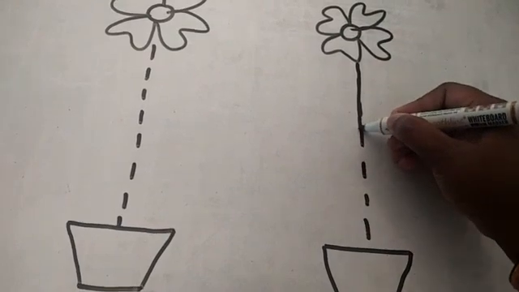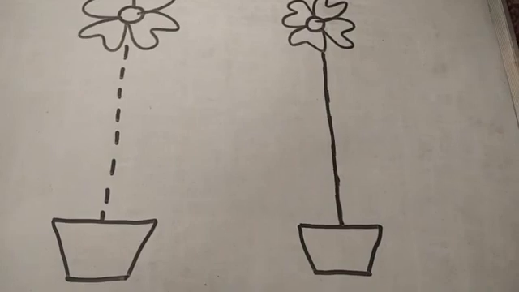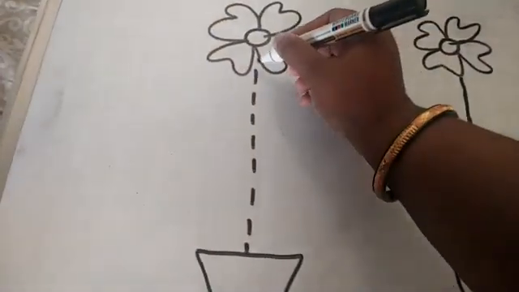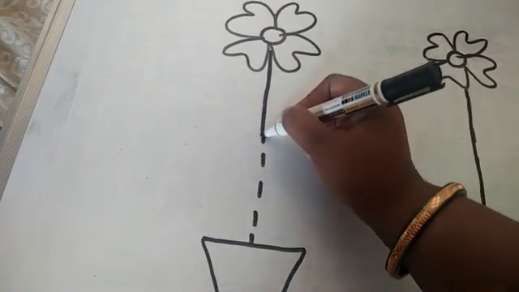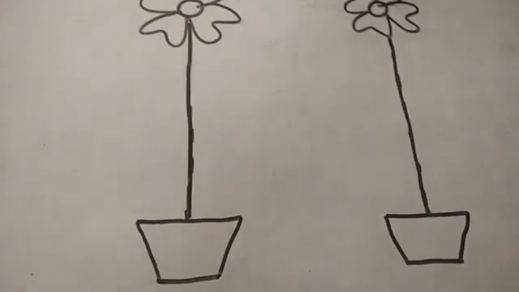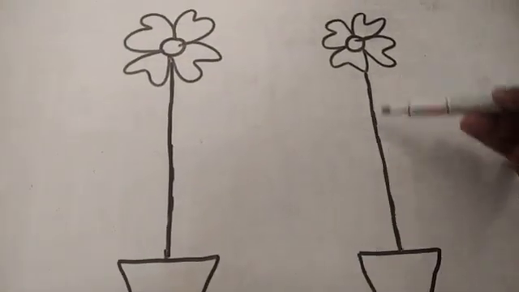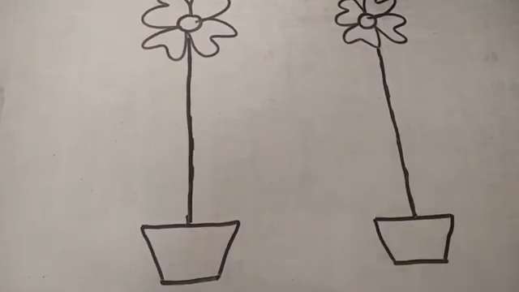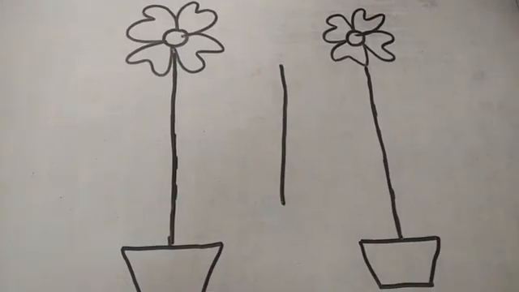See, in this way. Got it, everyone? My question was, I want you all to connect the flower to the pot. So I have connected the flower to the pot with the help of the standing line. Okay? So this is a standing line.